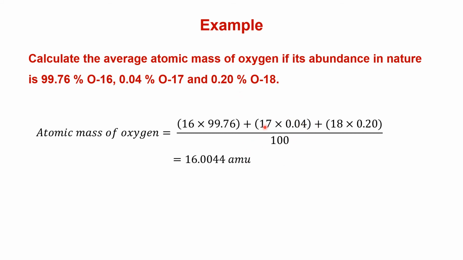When we do this calculation, we get the answer as 16.0044 AMU. That is why whenever we take the mass of oxygen, we take it as 16 AMU. I hope this is clear to everyone. We have just used the formula and found the average atomic mass.